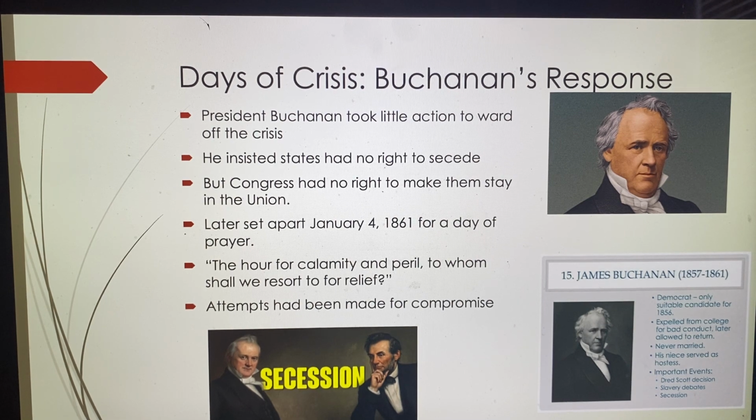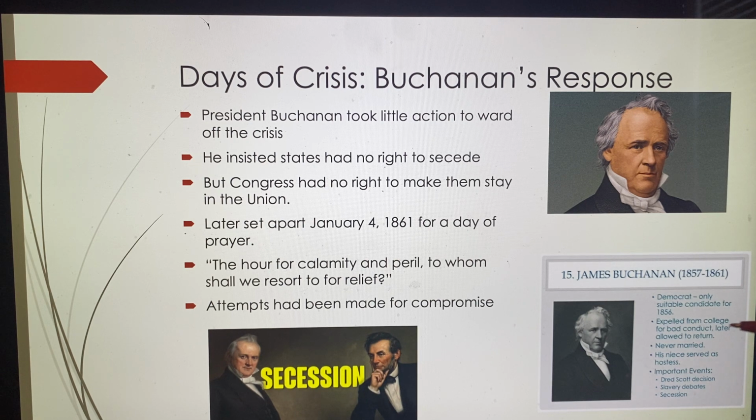And if you look at President Buchanan, you see his life here. He was a Democrat, but he had a kind of a bad background. He was expelled from college for bad conduct and later allowed to return. He was never married.